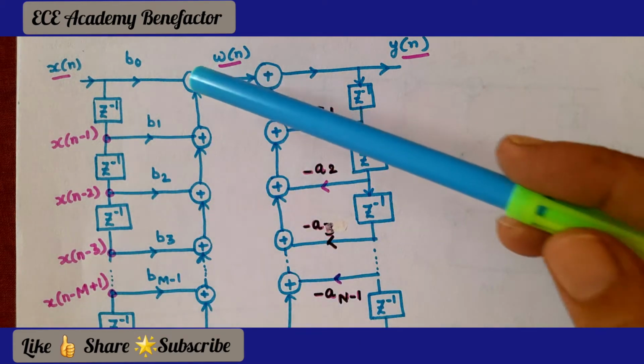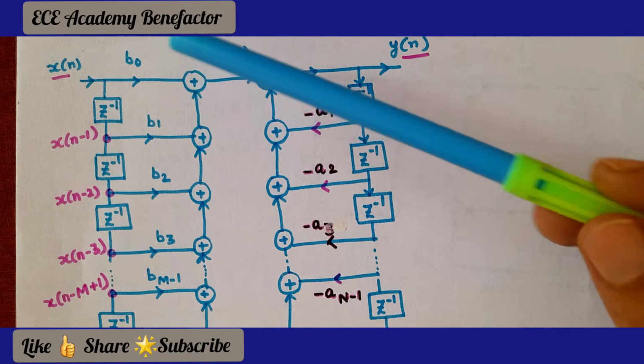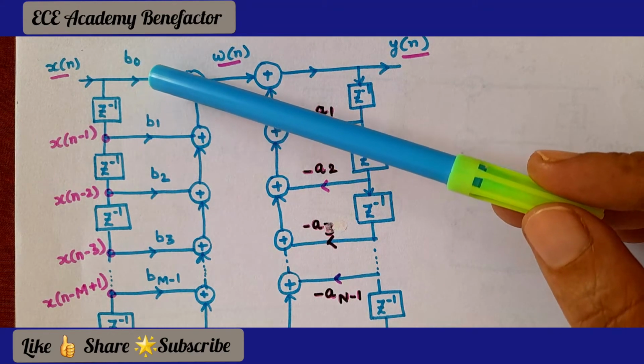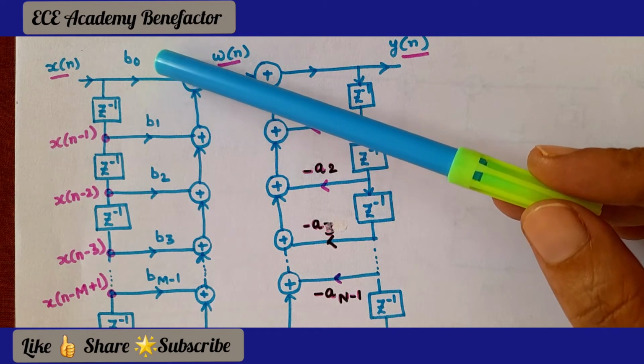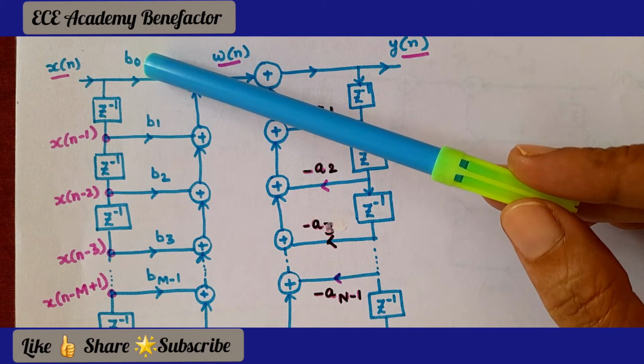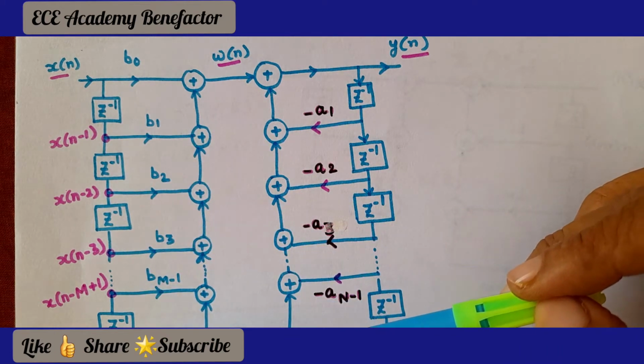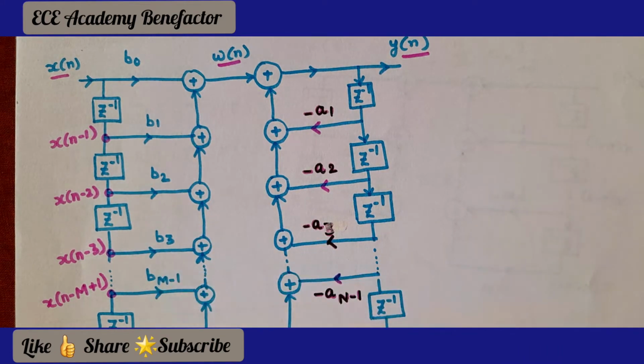So, for x inputs, k is varying from 0 to M. The coefficients are taken as b0, b1, b2, b3 till bM, and before bM it will be bM minus 1.